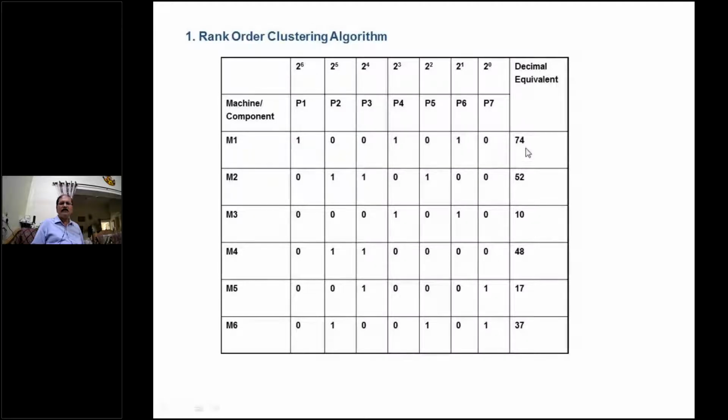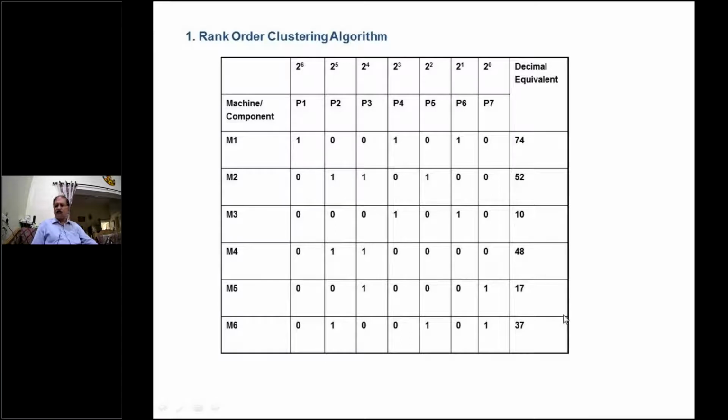Its decimal equivalent will be 74: 0 into 2 to the power 0, 1 into 2 to the power 1, 0 into 2 to the power 2, 1 into 2 to the power 3, 0 into 2 to the power 4, 0 into 2 to the power 5, 1 into 2 to the power 6. So its total value is 74. Similarly, you read each row as a binary word and write down its decimal equivalent.